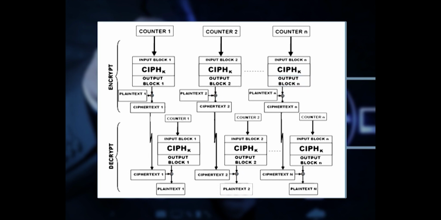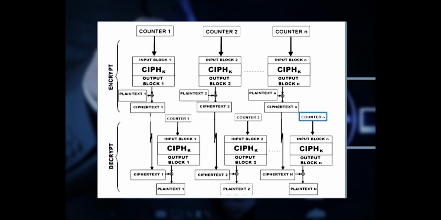The remaining B minus U bits of the last output block are discarded. In CTR decryption, the forward cipher function is invoked on each counter block and the resulting output blocks are exclusive ORed with the corresponding ciphertext blocks to recover the plaintext blocks.